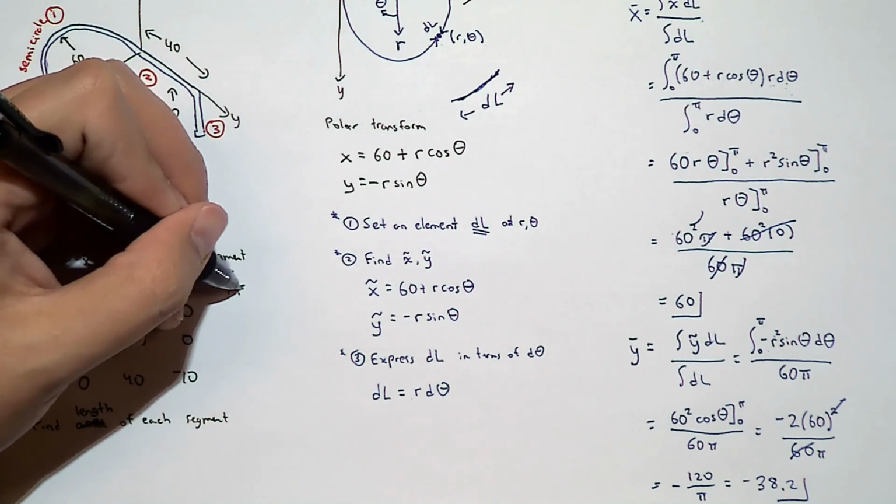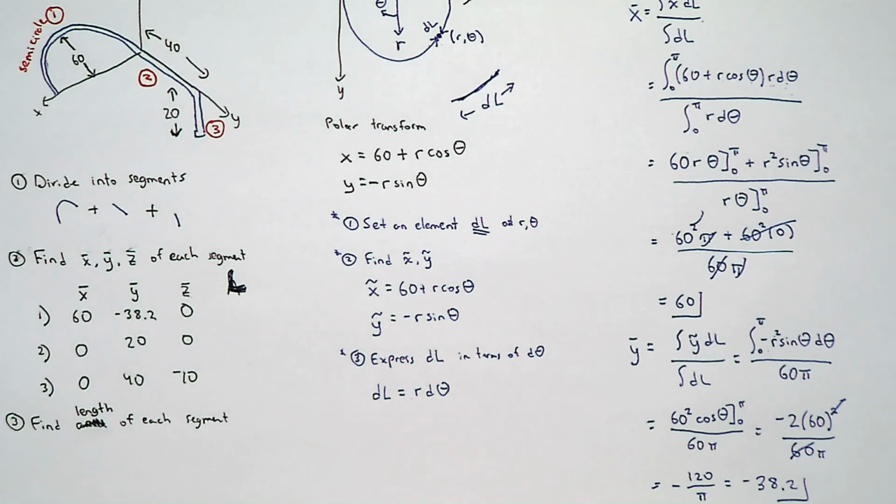So the third step was to find the length of each segment. What's the length of this semicircular segment? 1/2 pi r. 188.5. Good. Or just 60 pi, right?